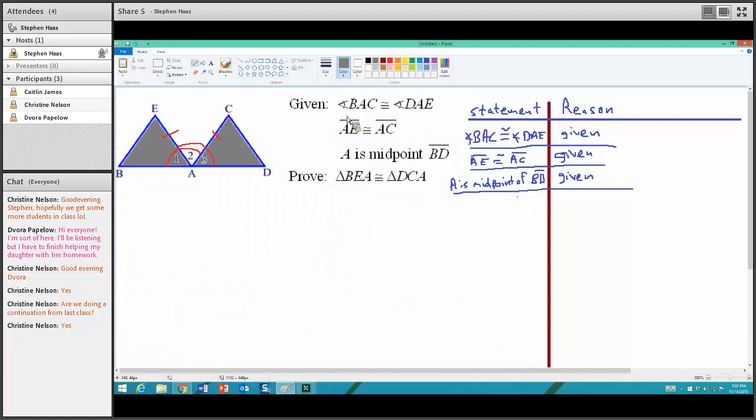Okay, so how are we going to do this? This is a relatively simple one, but let's talk it out. Anybody have a strategy in terms of how we're going to prove these? We know that A is the midpoint of BD. What does the fact that A is the midpoint of BD tell us about these two bottom segments, AB and AD?